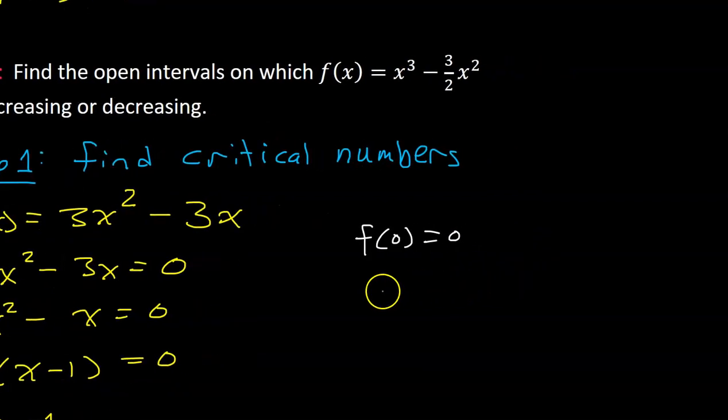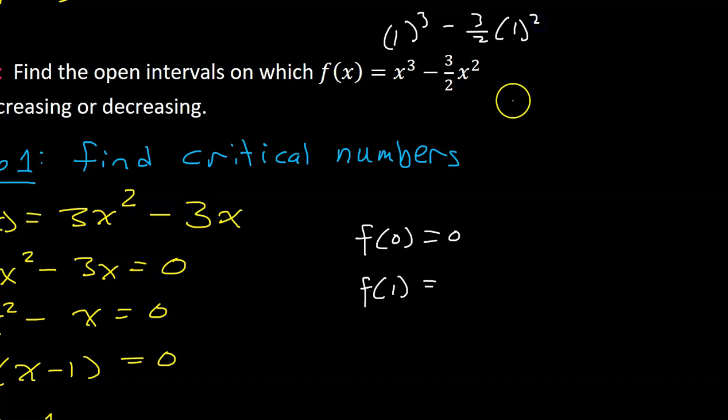What about 1? If I do f at 1, that would be 1 to the third power minus 3 over 2 times 1 squared. That's going to give us 1 minus 3 over 2, right? Because 1 squared is just 1, so that just leaves us with 3 over 2. 1 cubed is 1, so we have this.